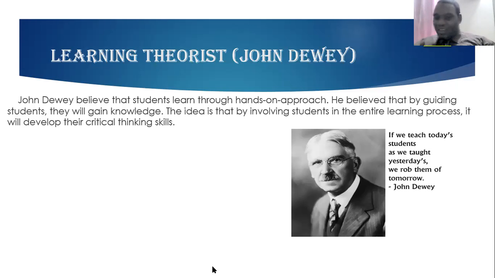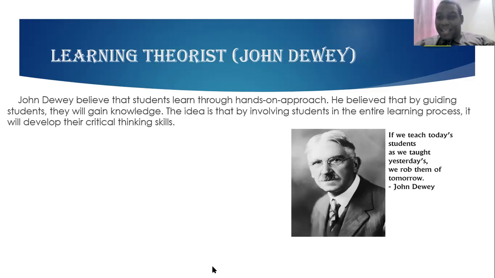I did look at the thought to the right of his picture. It says, if we teach today's students as we taught yesterday's, we rob them of tomorrow. That's very profound.